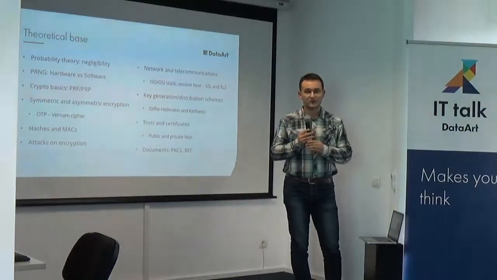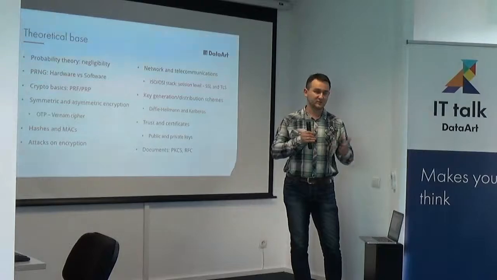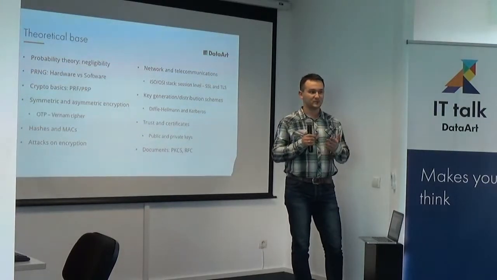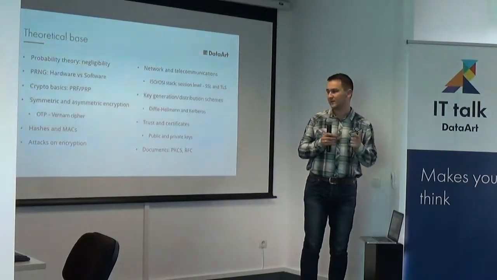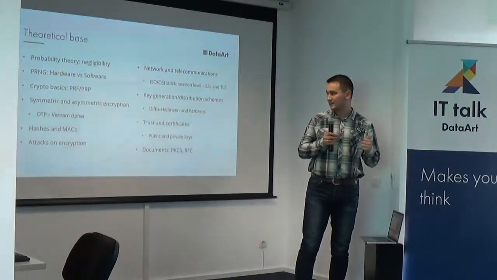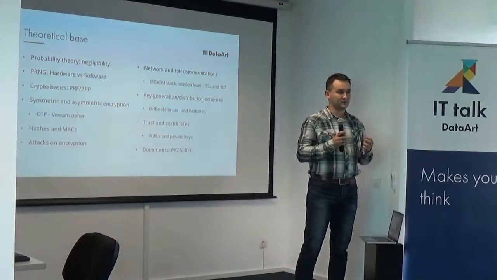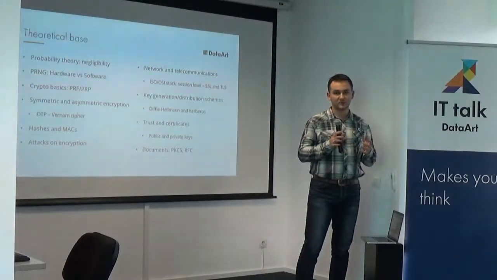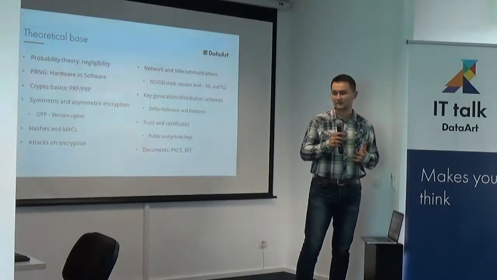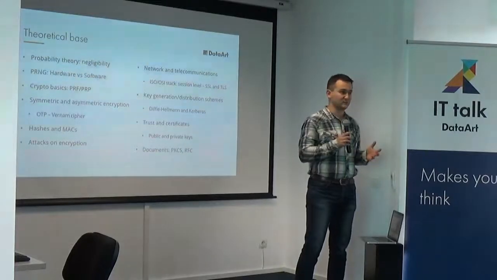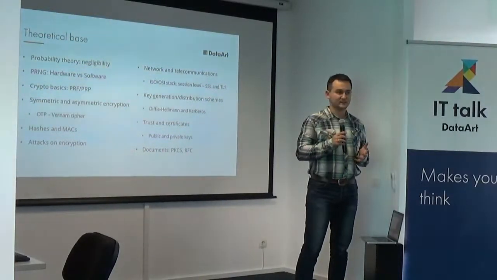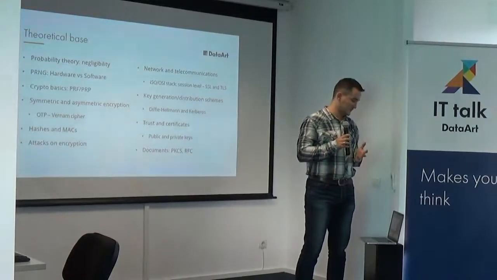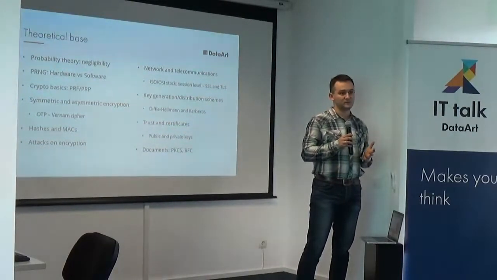Speaking about symmetric and asymmetric encryption. As I said previously, we have symmetric ciphers like RC4, AES, Camellia, Salsa, and so on. But the first one, which is absolutely cryptographically secure, was the one-time pad, introduced by Vernam in 1917. Why is it considered an absolutely secure cipher?